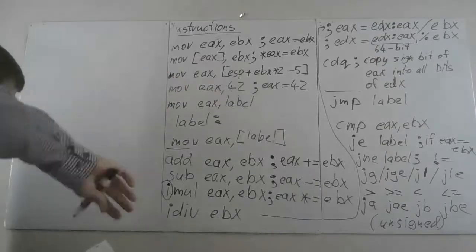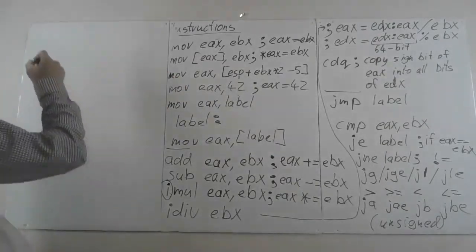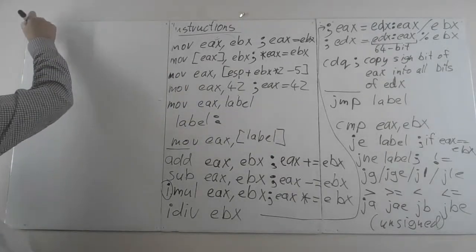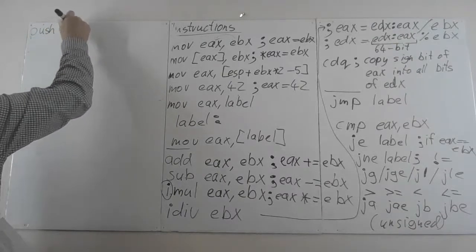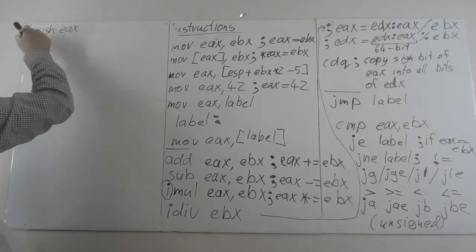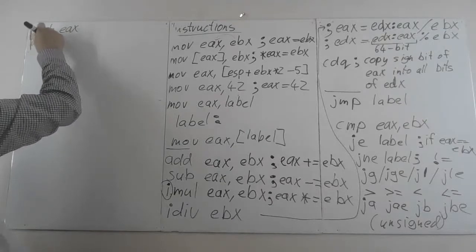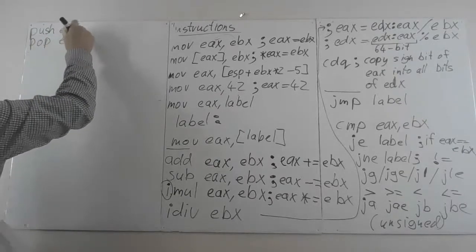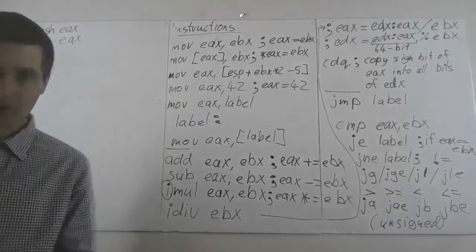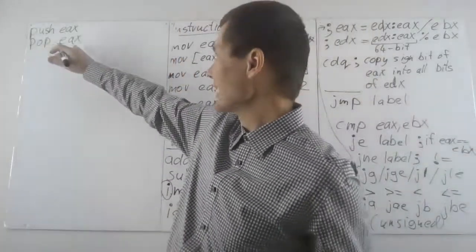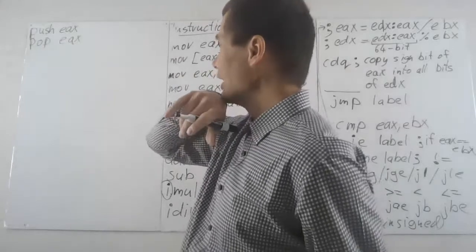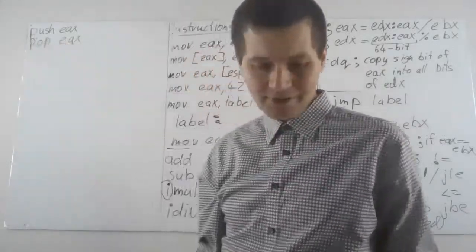So let me take a step to the side here and talk about the stack. There are explicit push and pop instructions that do what you would expect, right? You would push the value of a register on top of the stack. You would pop a value off the top of the stack into a given register.